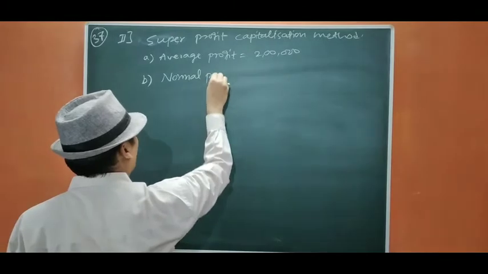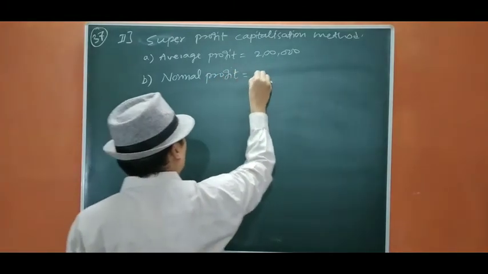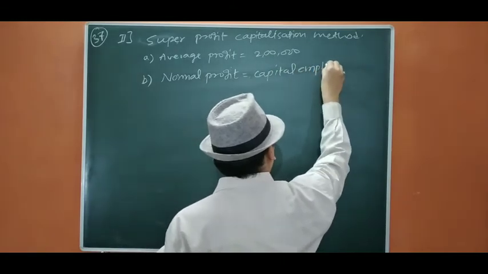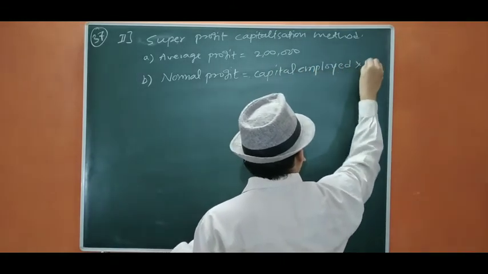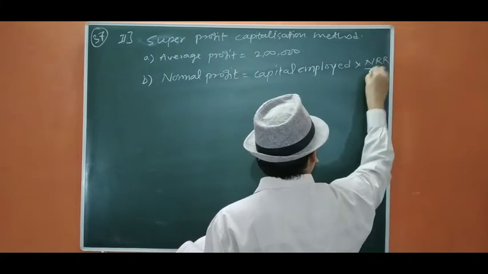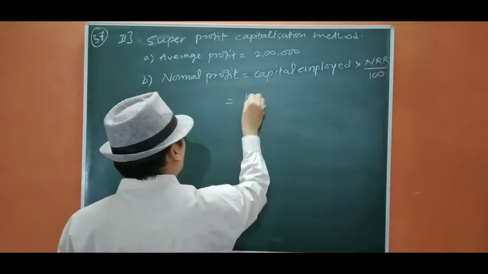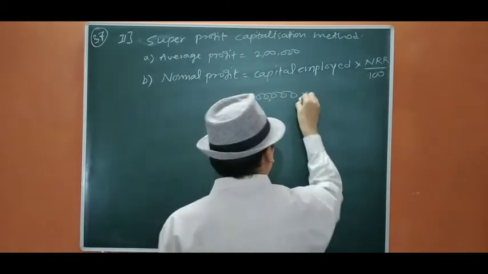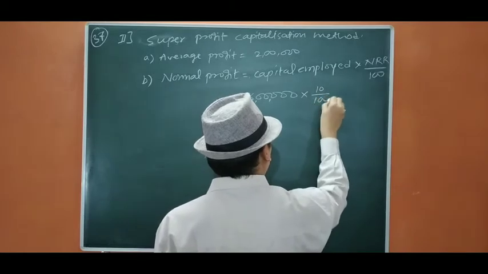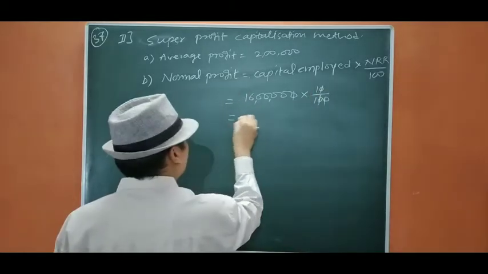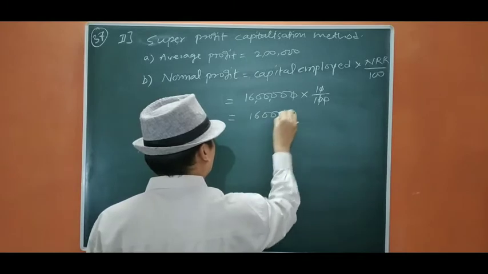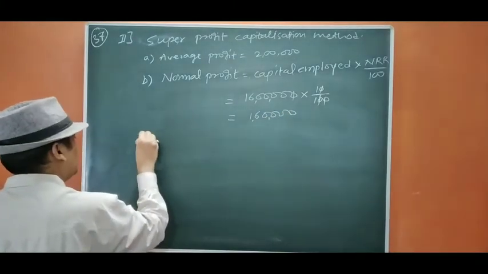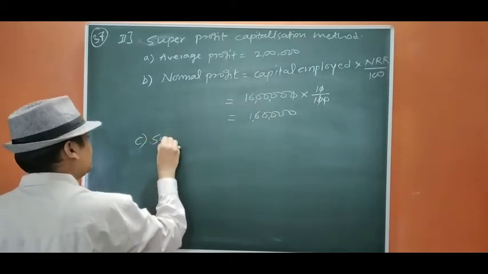So normal profit equals to capital employed into NRR upon 100. So that will be 16 lakh into 10 upon 100. It is 1,60,000.